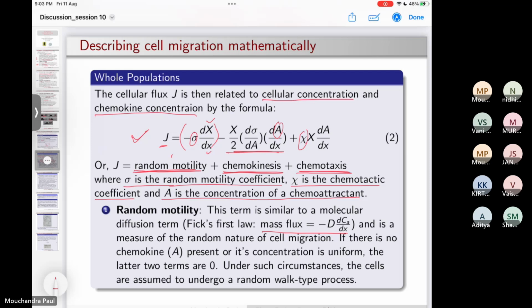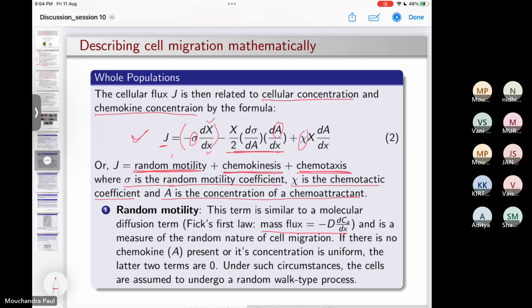If you go into details of this topic, which is taught in mass transfer, in molecular diffusion they use a law called Fick's law to describe how the solute moves from higher concentration to lower concentration.